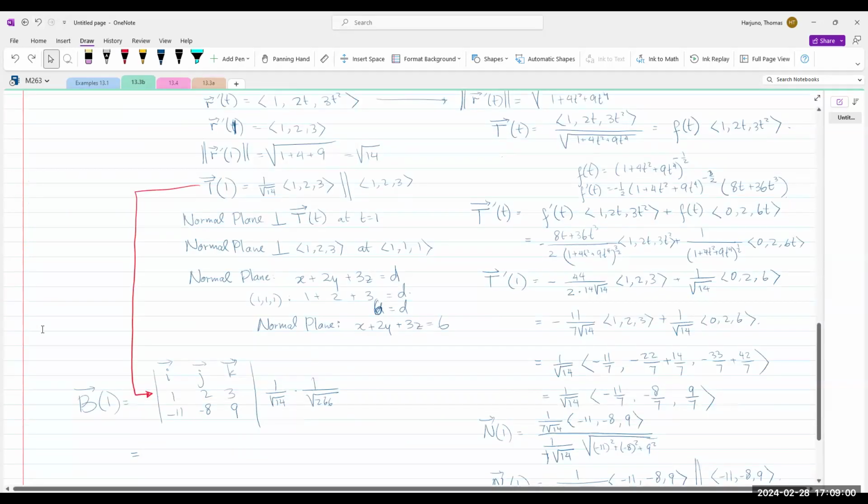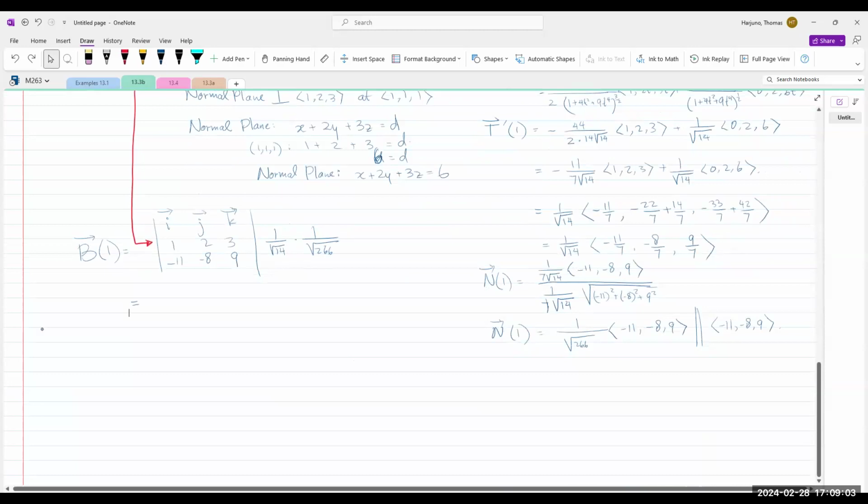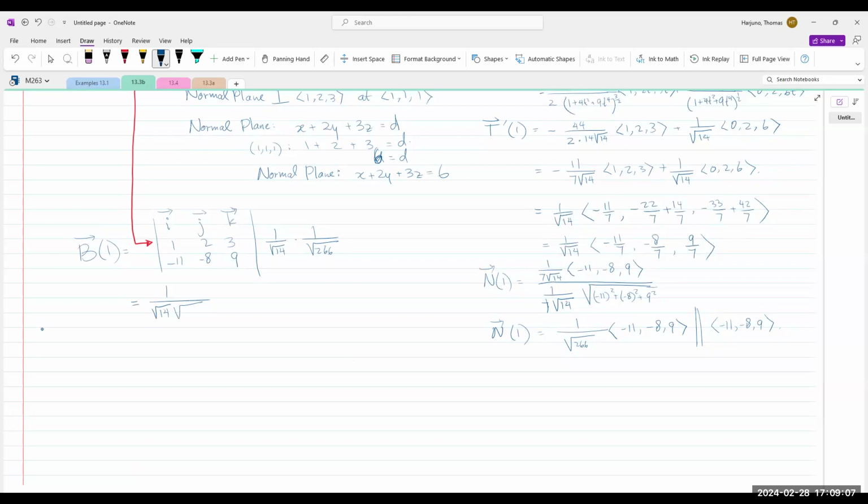Okay, so this is 1 over square root of 14, square root of 266, and then it will be 18 plus 24. What's that? 18 plus 24, that's 42. Right, and then 9 plus 33, that's 42. That's negative 42 because that's the second component.